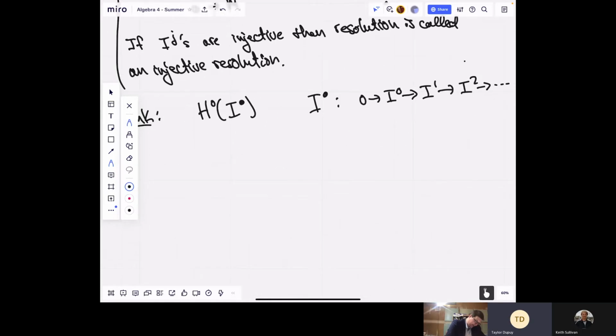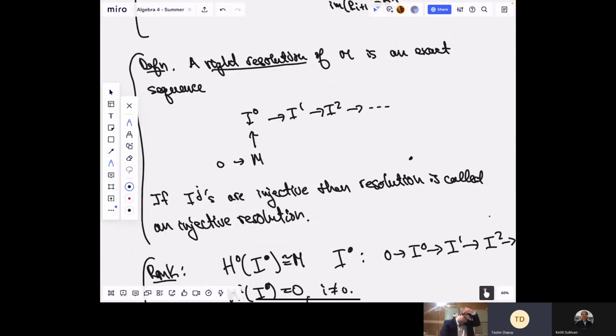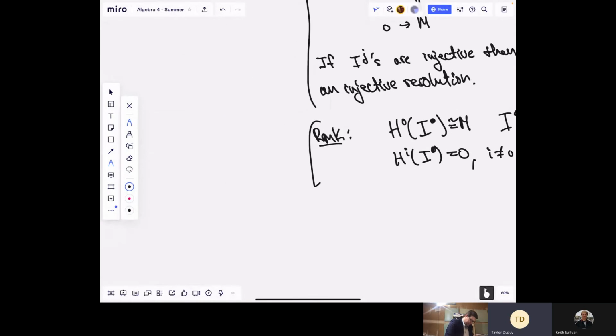Okay, this thing is isomorphic to M, and then the other H^i are 0 for i not equal to 0. So maybe that's an exercise.